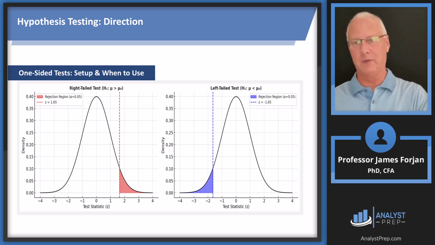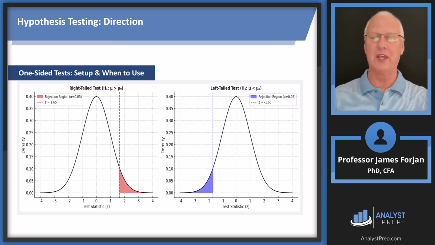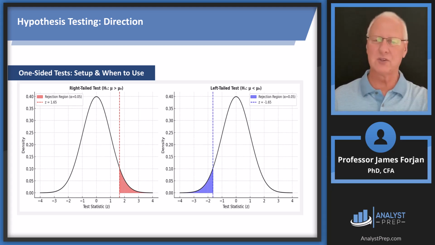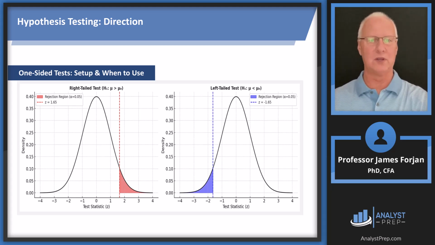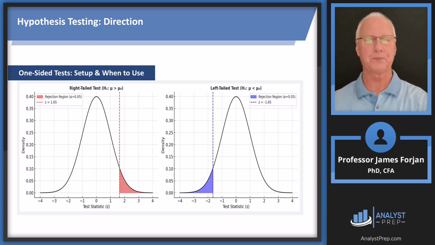In the right column we put everything in the left tail, so that's blue. Now we're assuming here that we've got an alpha of 5%. So we throw all of that 5%, and the z-score is 1.65. And it's positive 1.65 for the red, negative 1.65 for the blue. I'm not sure that's a really great exam question to have the choice between those two, but you should be prepared for something like that.